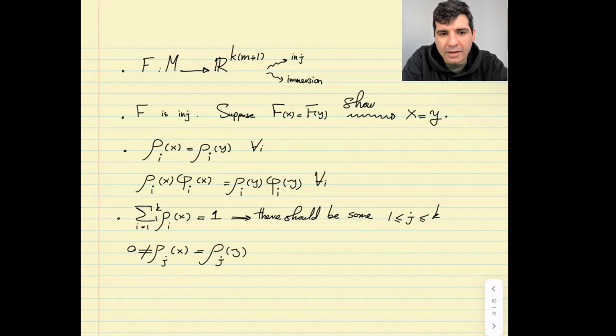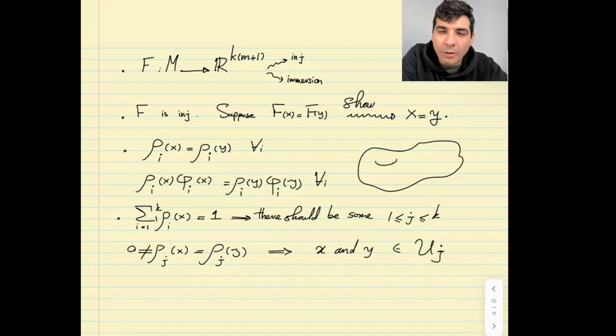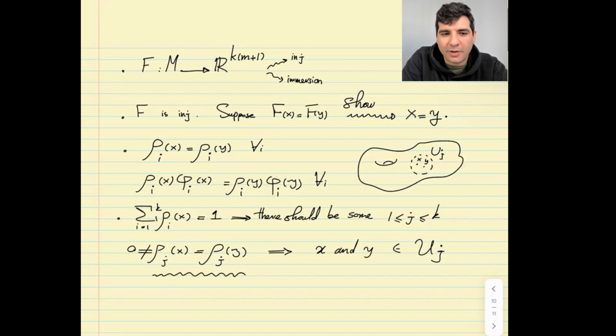Furthermore, rho_j of x times phi_j of x should be equal to rho_j of y times phi_j of y. Another fact, if rho_j is non-zero, it means x and y should be in U_j, right? Because rho_j is only non-zero inside U_j. Rho_j is 0 outside of U_j. So x and y, both of them are in the open chart U_j. That follows from the fact that rho_j is non-zero.